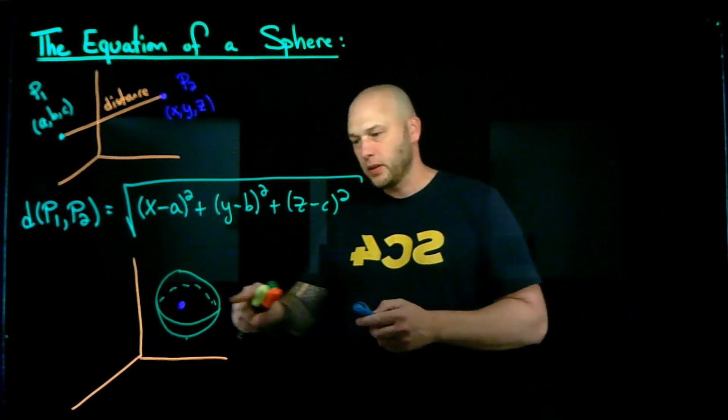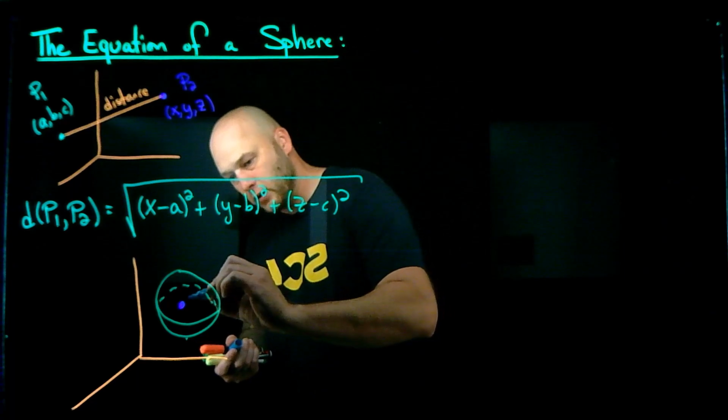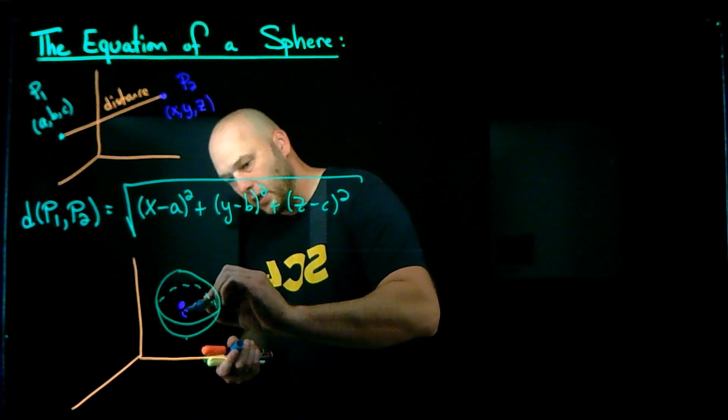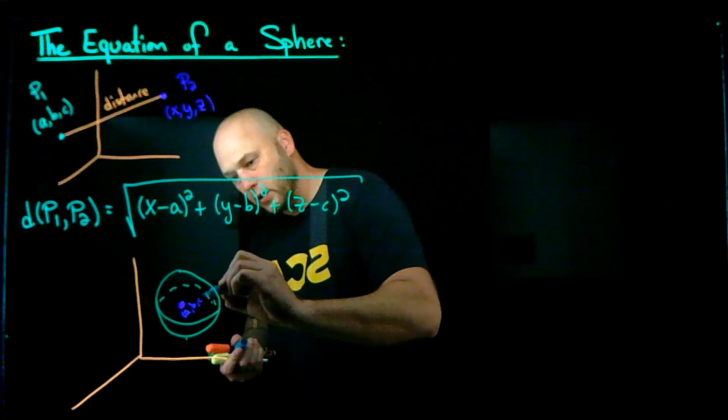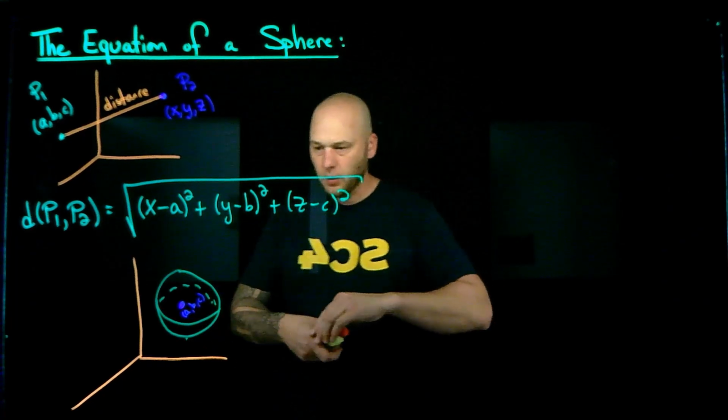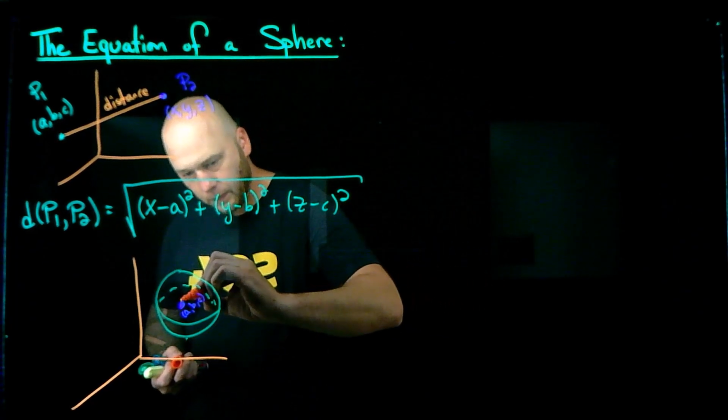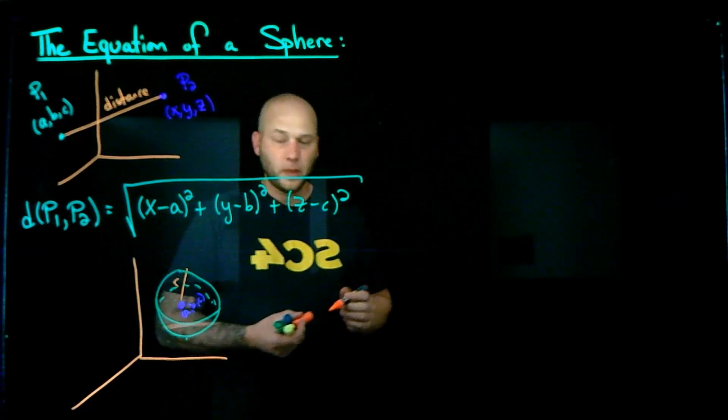Therefore, let's say the distance here is r. So let's say the center is the point ABC, and let's say the radius of this is r. Then what do I know?